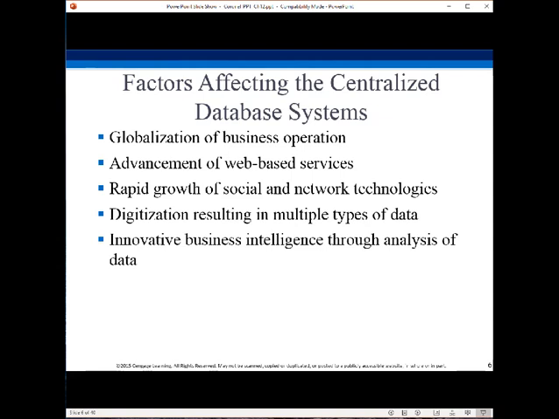And that is, with a relational database system, you have the need for immediate consistency. In other words, when you make a change on a server on the East Coast, let's say Washington, D.C., it must be reflected immediately on a server on the West Coast, let's say Redmond, Washington.